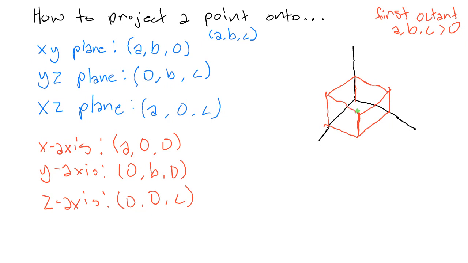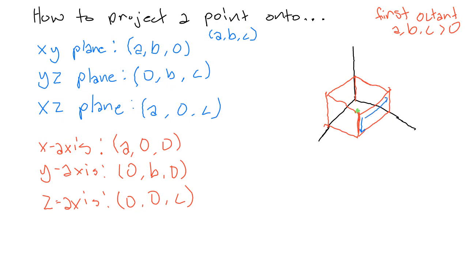So now we actually have a box. And when we think of projecting, you're almost sliding this point around the edges of this box in order to get where you need to be.